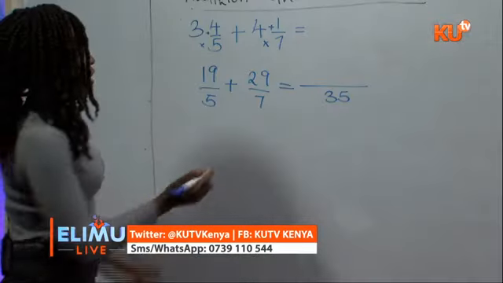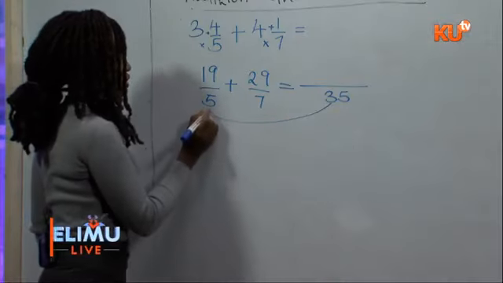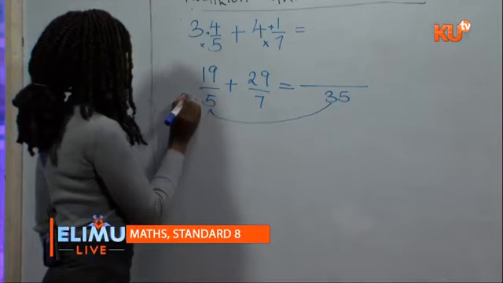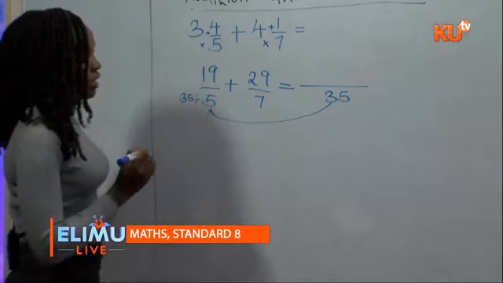So 35 divided by 5, you take this, you divide by 5. It is going to be 35 divided by 5, we get 7.